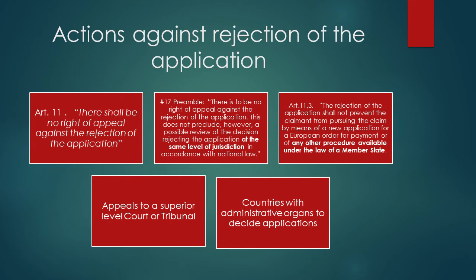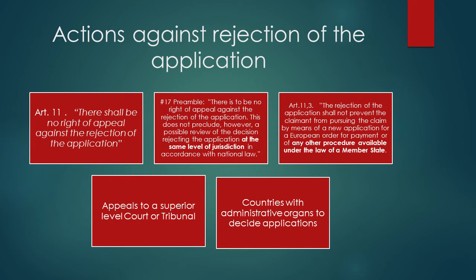If the judge of the court finally decides to reject, to strike out the form claiming the EOP, we can find these 5 different possibilities. And on the principle, Article 11 says there shall be no right of appeal against the rejection of the application.